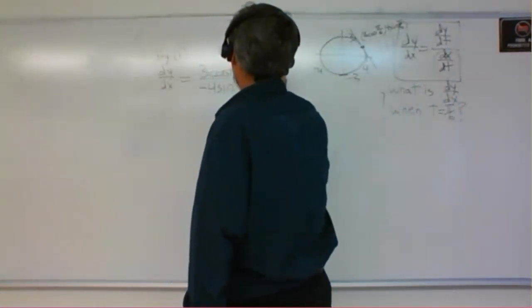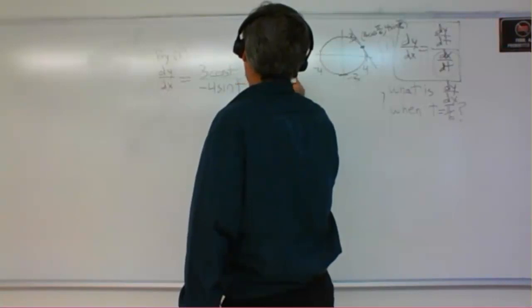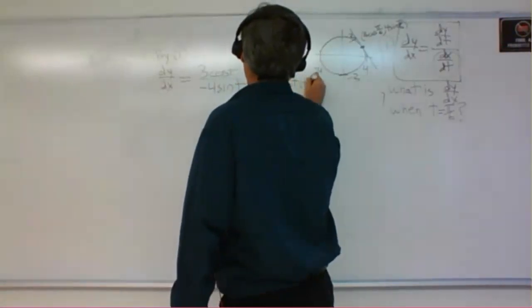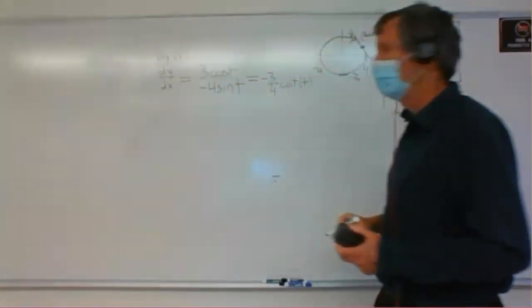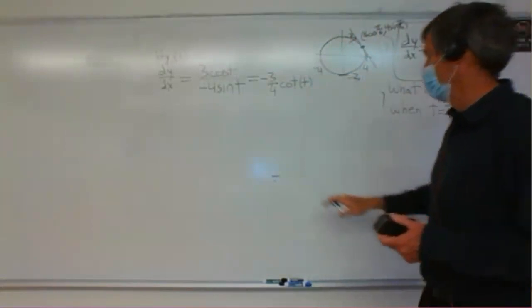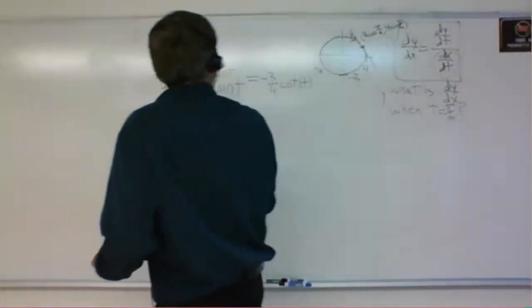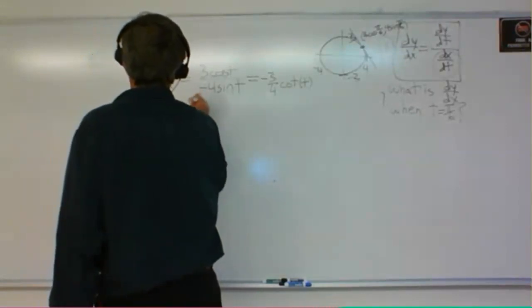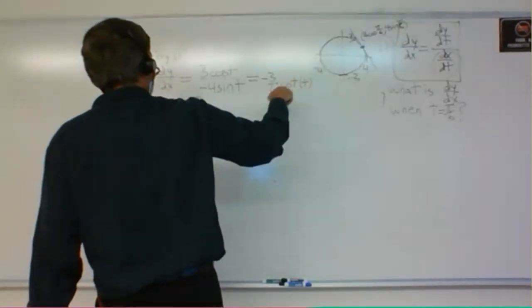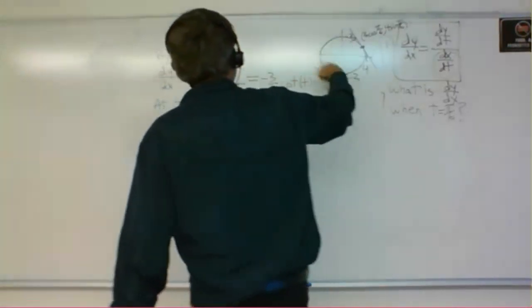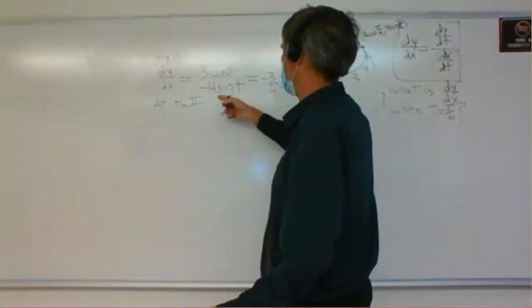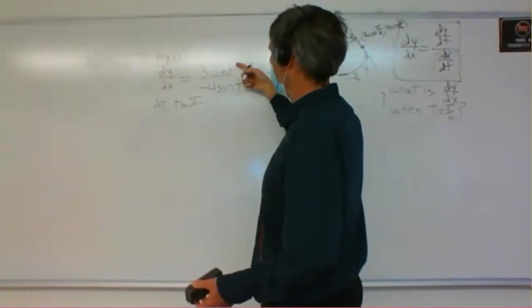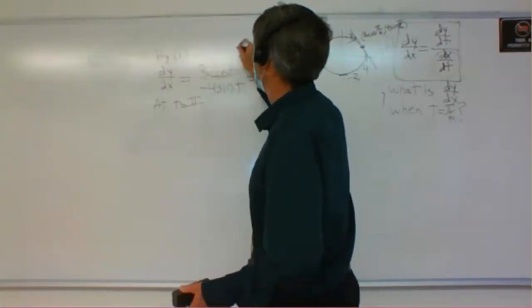And what I get is minus 3/4 cotangent t at any value of t, right? So now in particular, at t equals pi over 6, we can get the slope, right? We can get the slope at any point on the ellipse by just plugging in a number. Now, even though this wasn't a function, we didn't have to break it up into 2 pieces. We just use the parametric dy dt over dx dt, right?